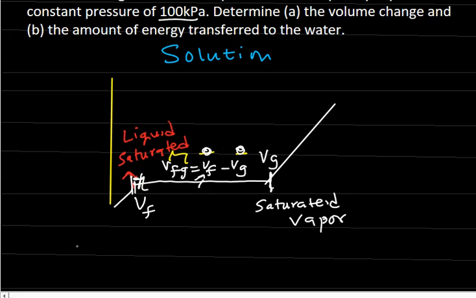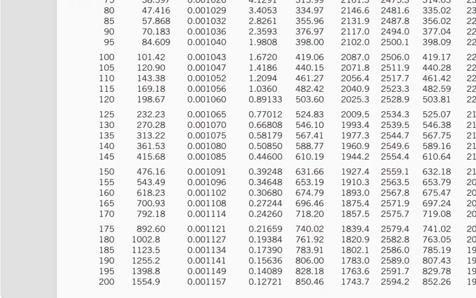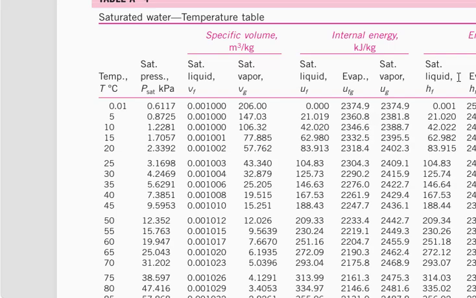So change in volume is Vfg. Okay, so let's go straight to the table. We'll go to the English.